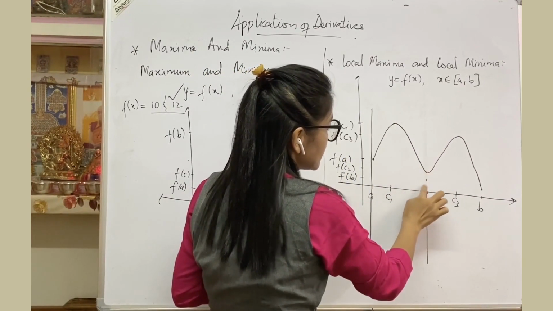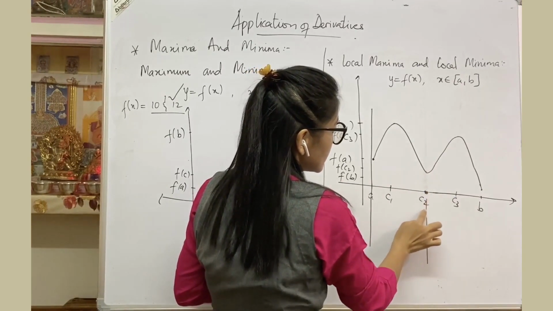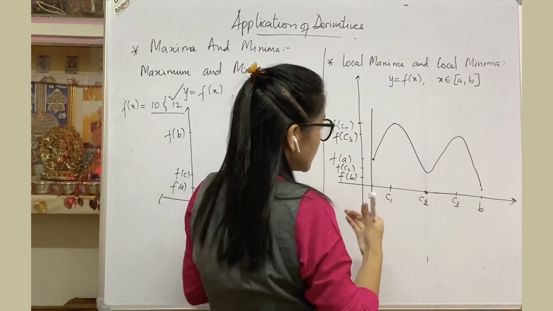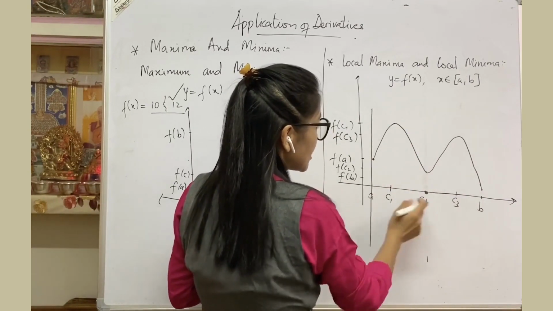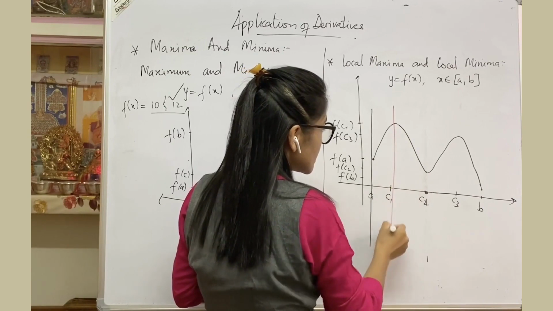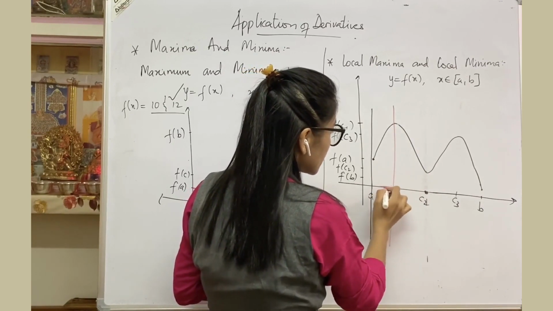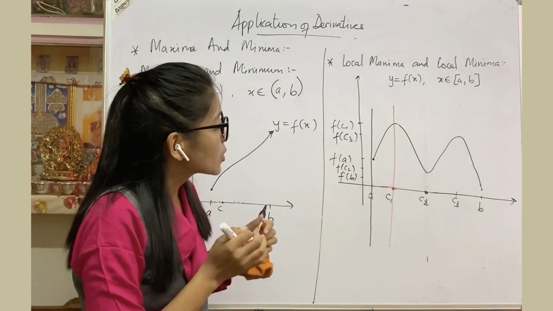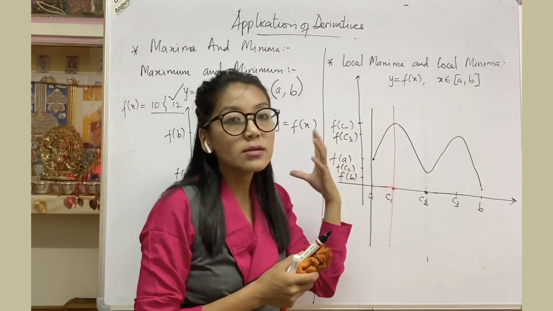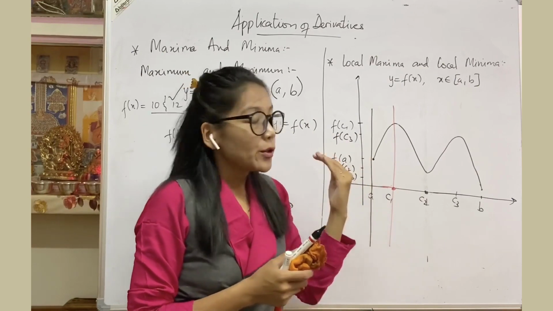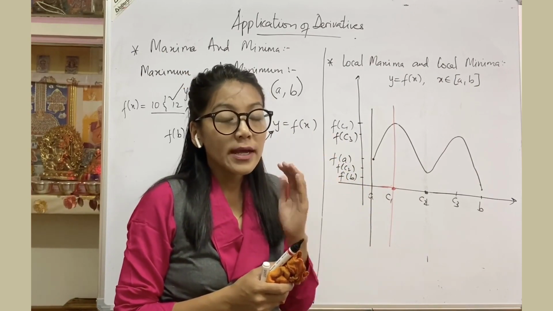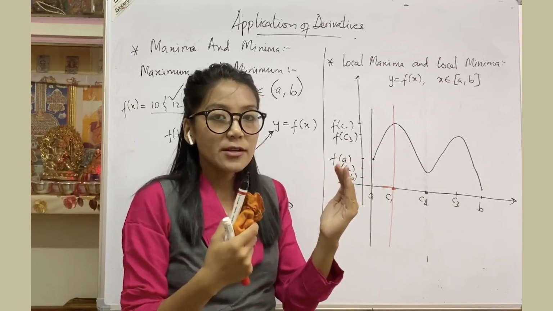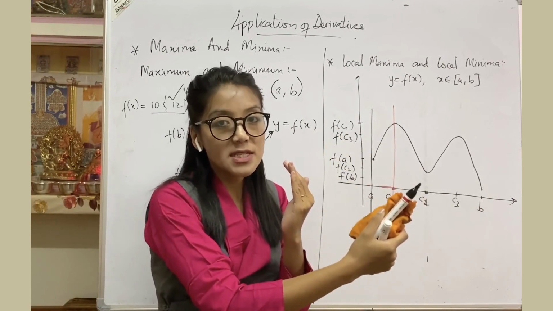Okay, let me give you another example. Now if I consider this interval, instead of taking a to c2, say a to c1, then you cannot say that c1 is the local maxima, because when you are finding the local maxima, you should know the nature of the function on both the left hand side of c1 and the right hand side of c1.